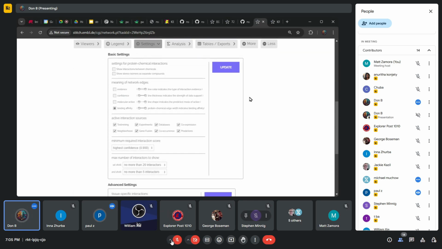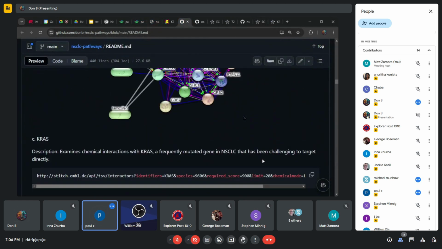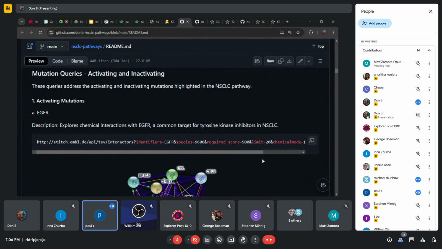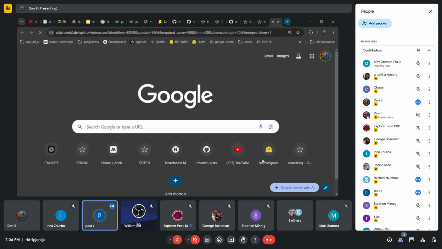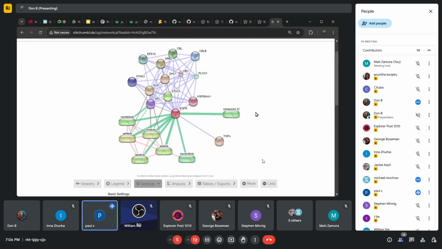That helps, because one of the things that came up, not on this slide but two before, was a compound called cisplatin, which is in fact used very widely in lung cancers, but it had ties associated with a number of proteins. And while cisplatin can react with proteins, its primary mechanism of action is not on the protein; it's on the DNA. So that must have been a secondary layer that was integrated.